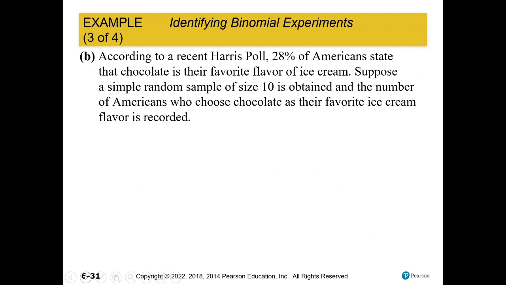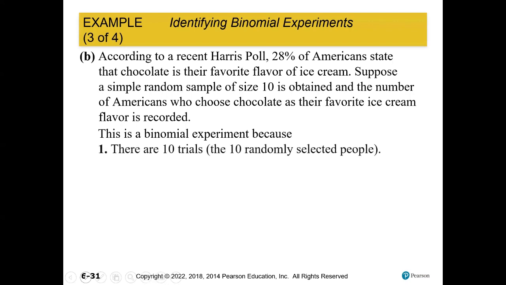According to a recent Harris poll, 28% of Americans state that chocolate is their favorite flavor of ice cream. Suppose a simple random sample of size 10 is obtained and the number of Americans who choose chocolate as their favorite ice cream flavor is recorded. This is going to be binomial again. Here's why. 10 trials. Each person I talk to is going to give me their favorite flavor, and each person is independent from the next.